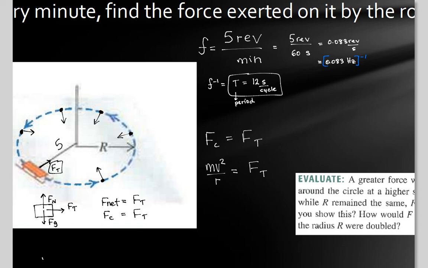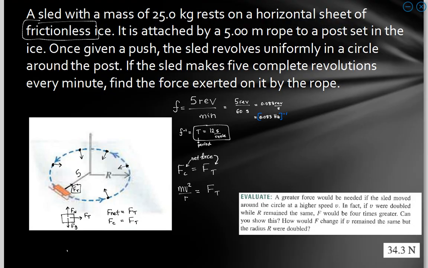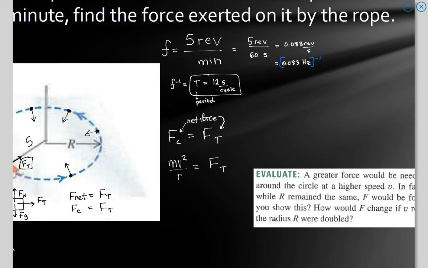And remember that Fc is the net force. And the net force is the sum of all forces acting radially inward. And there's only one force. So we have the mass, 25 kilograms.